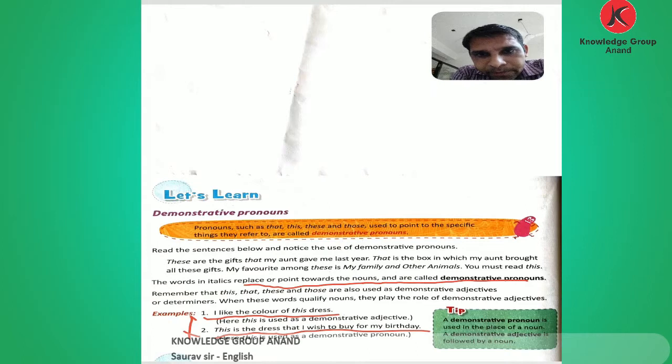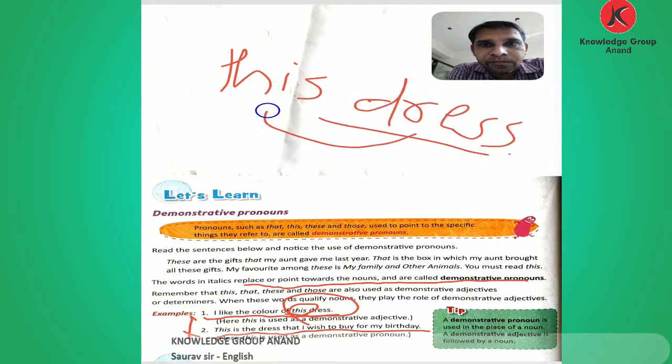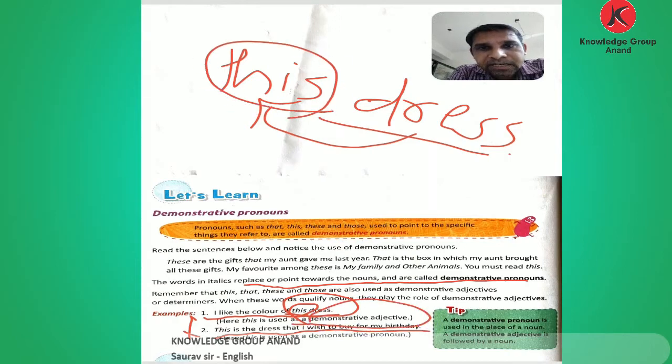See the example. Example number 1: I like the color of this dress. Where is this used? Before dress. Dress is a noun, and this is used before it, so this is a demonstrative adjective.